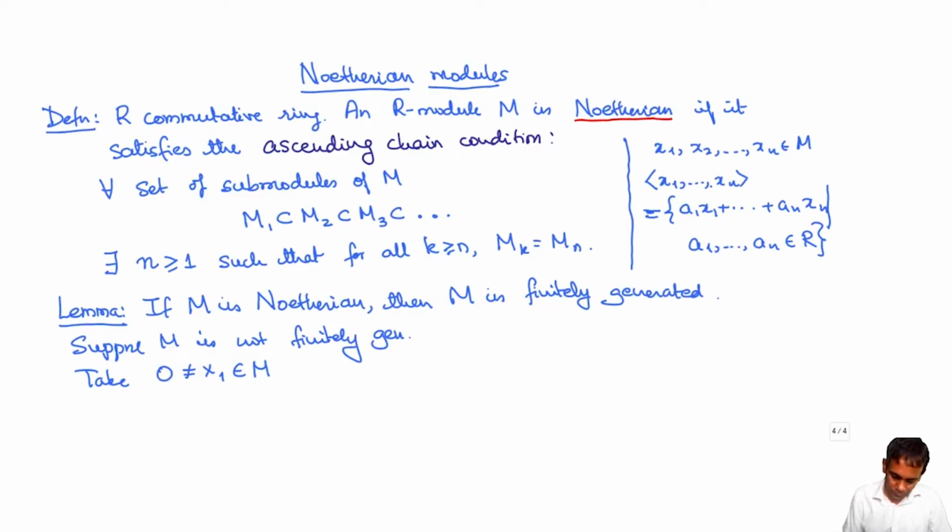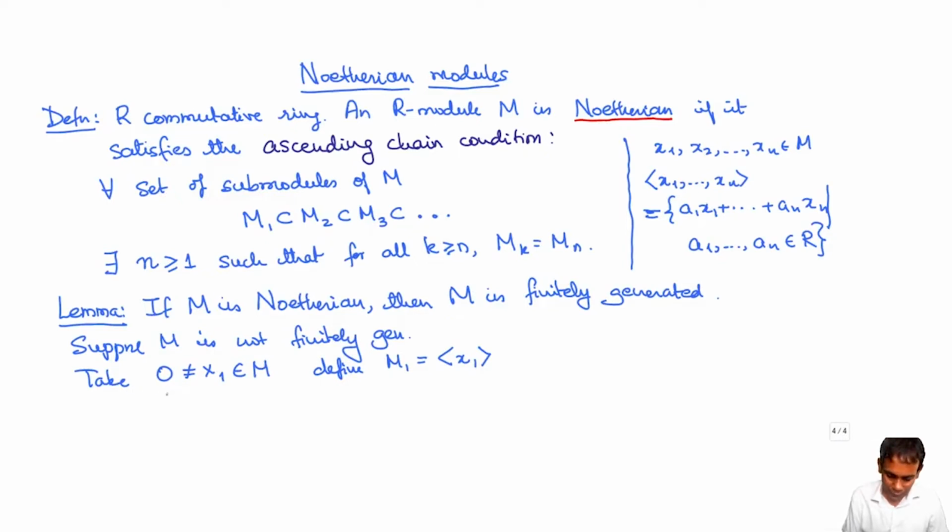Now, since M is not the trivial module, I can take a non-zero element in M. Let's define M1 to be the submodule generated by x1, so it's just all elements of the form a times x1, where a runs over R. Now, M1 cannot be equal to M because M1 is finitely generated and M is not.